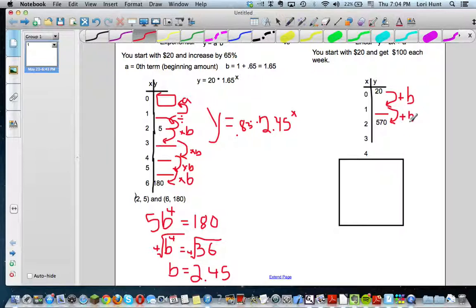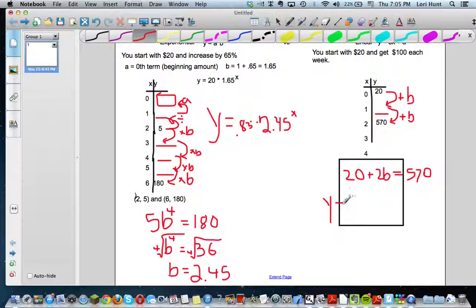So now my equation looks slightly different, because I'm going to have 20 plus 2 b's, because plus b, so that would be 2b, equals 570. To solve that, it's a simple algebraic problem. I would just subtract 20 and divide by 2. So 550 divided by 2. In this case, b is 275.